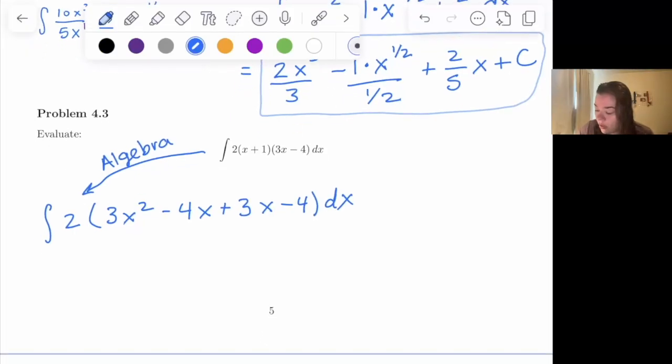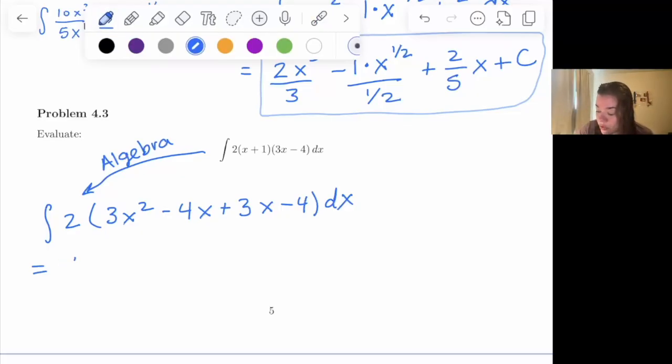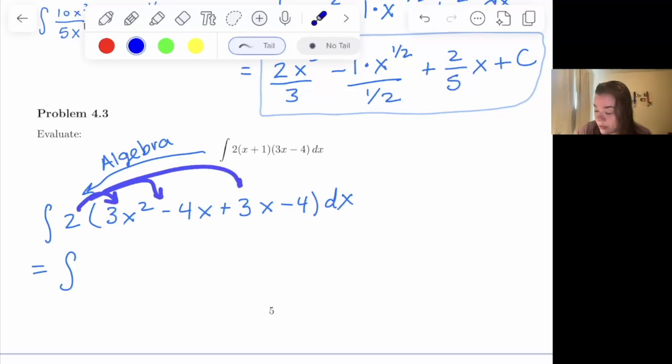However, you can also incorporate the 2 into your function, which I am going to do now as well. I'm going to multiply everything by 2. I can't forget about the 2, so I need to do something with it. So this 2 either needs to come out of the integrand or needs to be incorporated into the integrand, which I'm going to do. I'm going to multiply every term by 2.